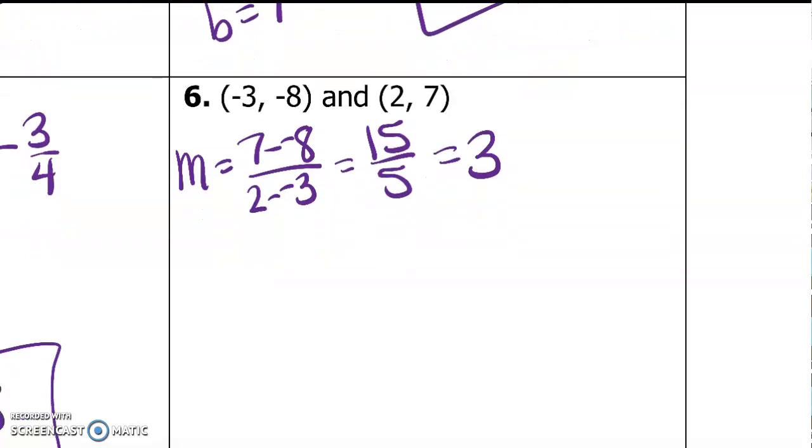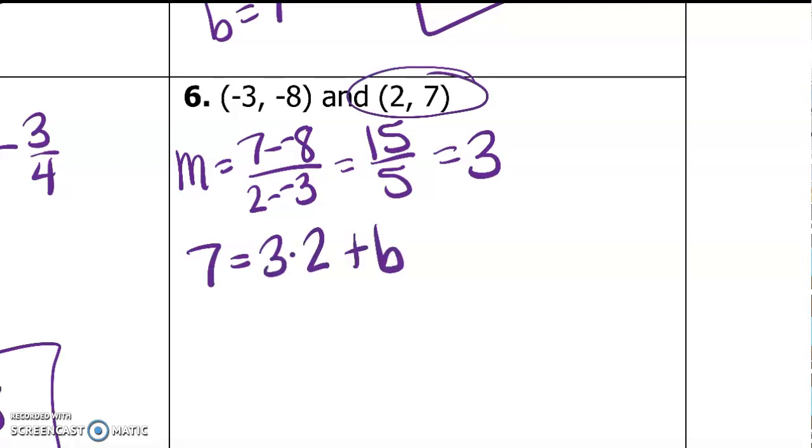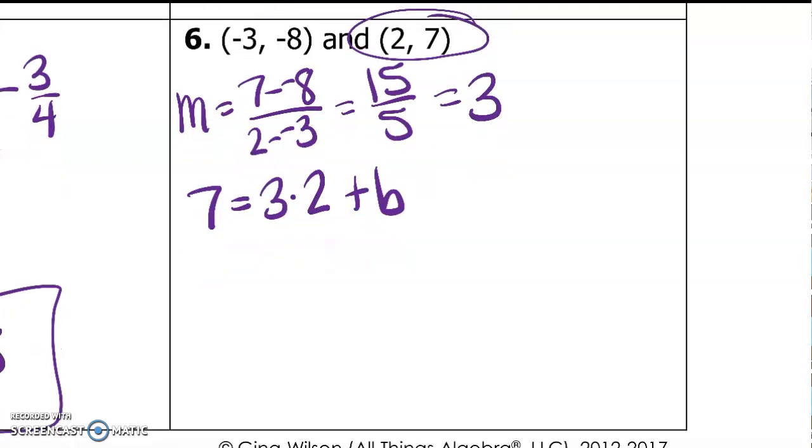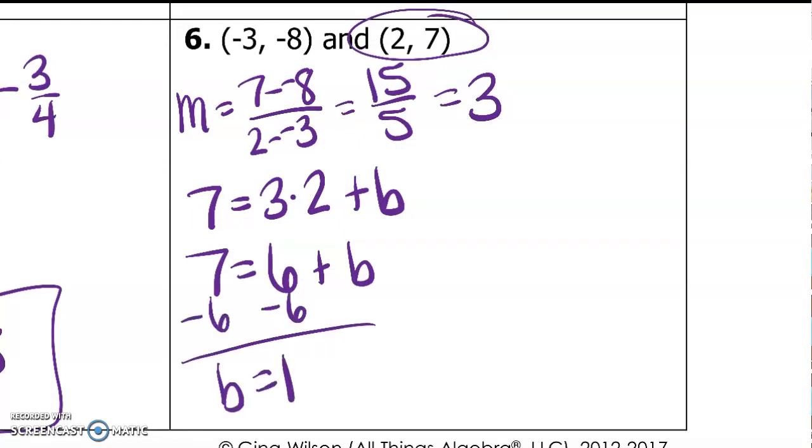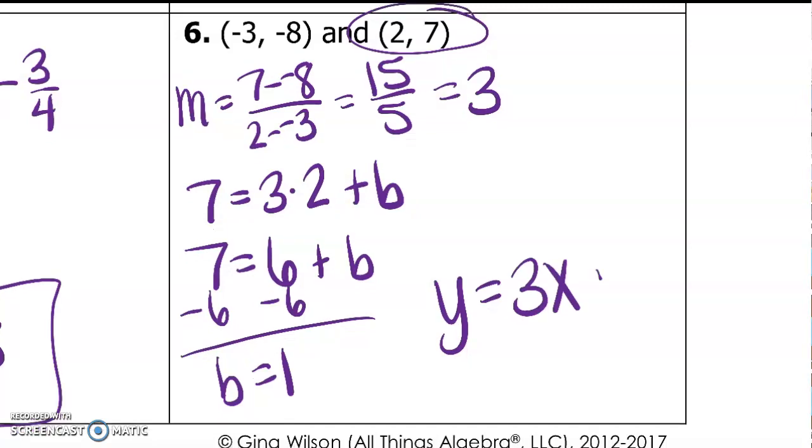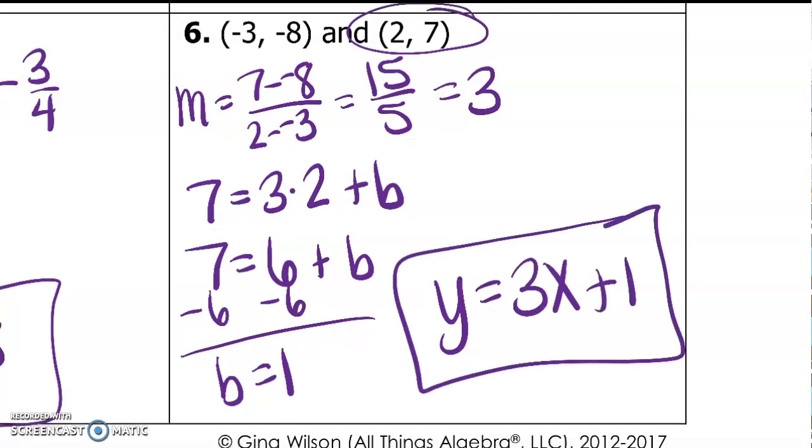I would pick 2, 7, since they're both positive. 7 equals 3 times 2 plus b. Multiply, 7 equals 6 plus b. Subtract 6 to get b by itself. B equals 1. So your final answer is y equals m, which is 3, x, plus b, which is 1.